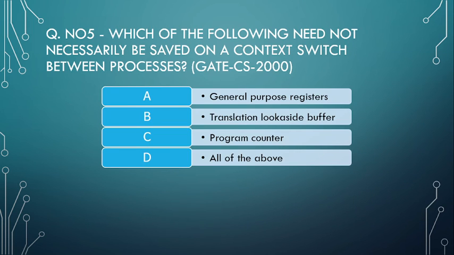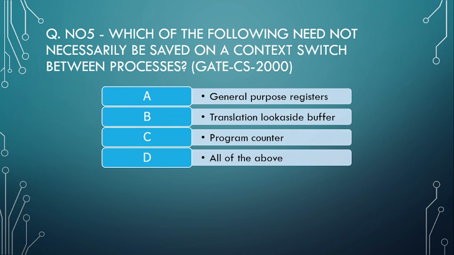Last question here: which of the following need not necessarily be saved on a context switch between processes? This question was asked in GATE CS 2000. Option A, general purpose registers; B, translation lookaside buffer; C, program counter; and D, all of the above.